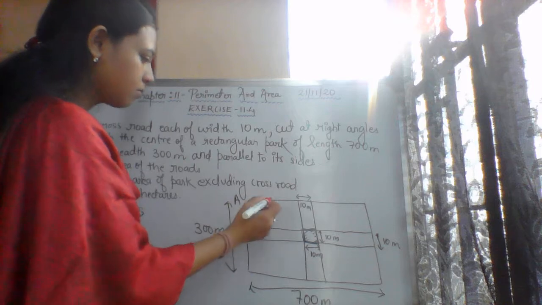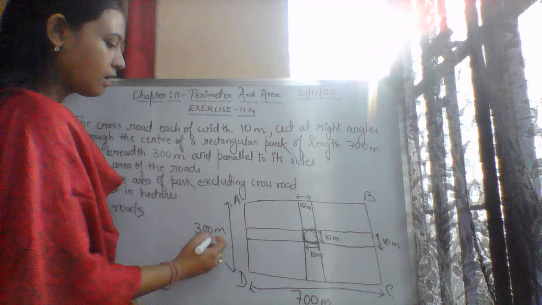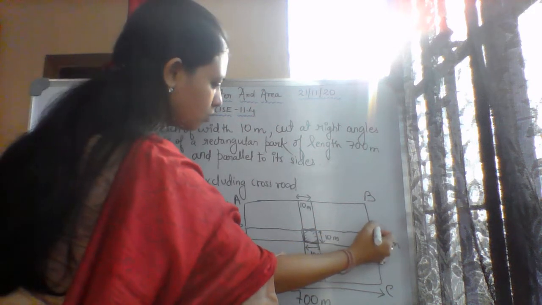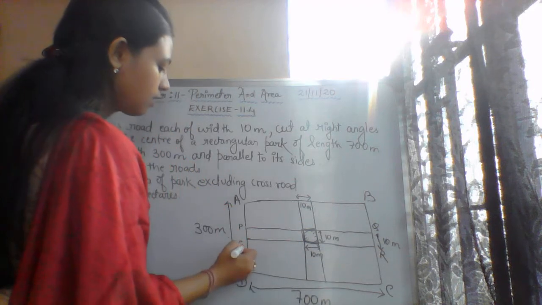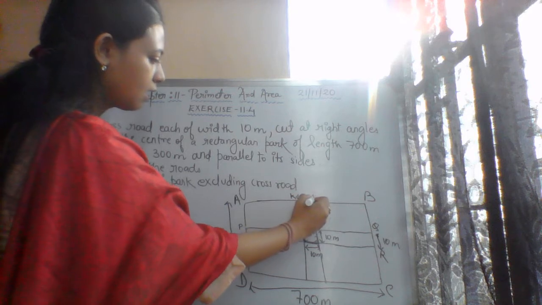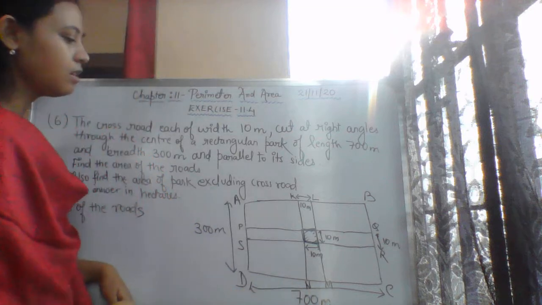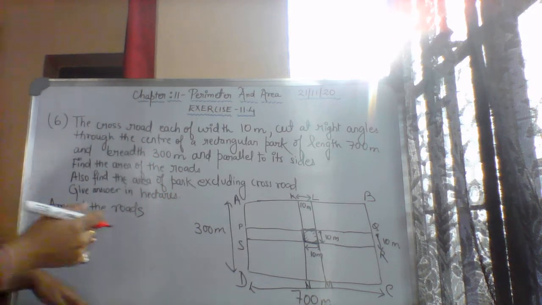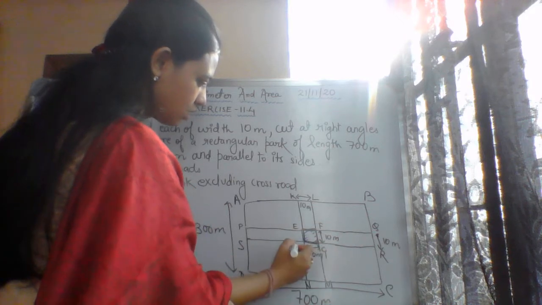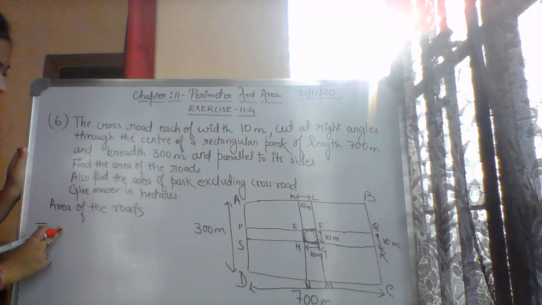Let us name the rectangle A, B, C, D, and this part P, Q, R, S. Then this part you can write as K, L, M, N. And that part, let us write E, F, G, H. So now with the letters we can easily get it.